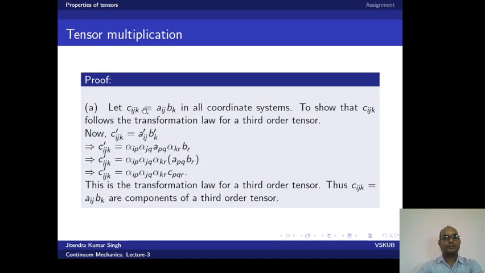Suppose Cijk is equal to Aij Bk in all coordinate systems. Since we have to prove that Aij Bk are components of a third order tensor, we have to show that this Aij Bk, that is Cijk, follows the transformation rule for a third order tensor.